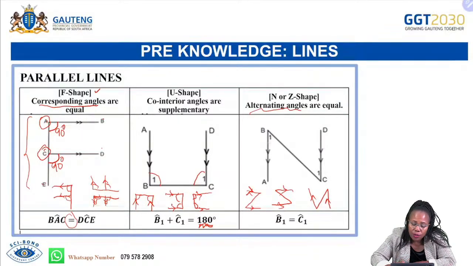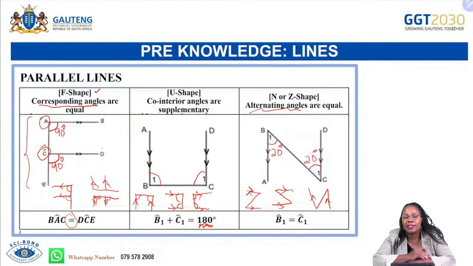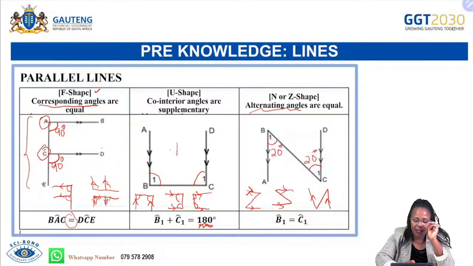Now, we are talking about the angles inside that Z. That means angle B1 is equal to angle C1, exactly equal. If this angle here is 20 degrees, then C1 will also be 20 degrees. They are exactly the same. That means the corresponding and the alternating are exactly equal, but it's only the co-interior, when you add the two angles, that gives you 180 degrees.